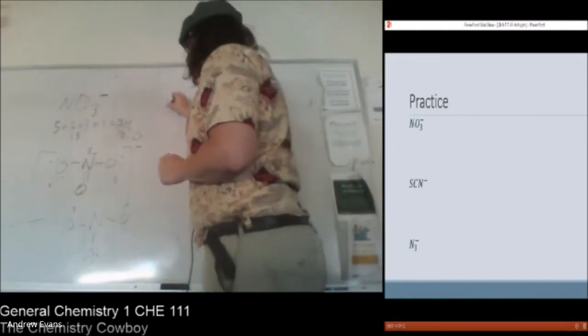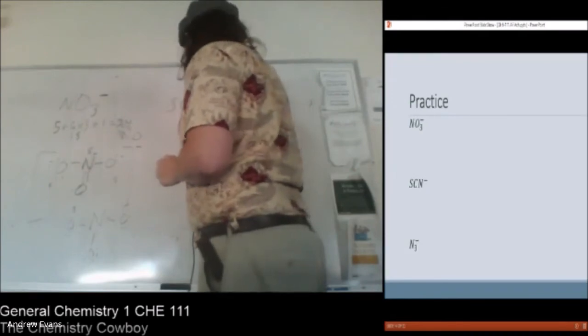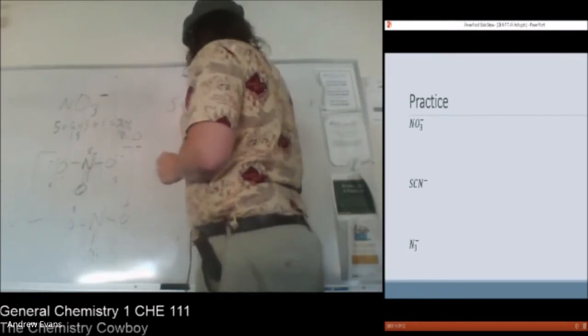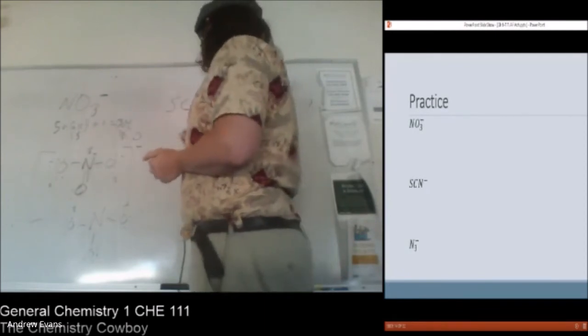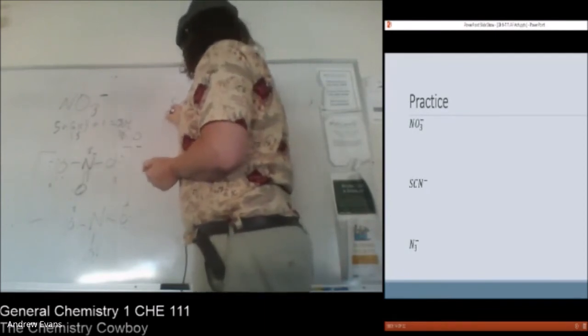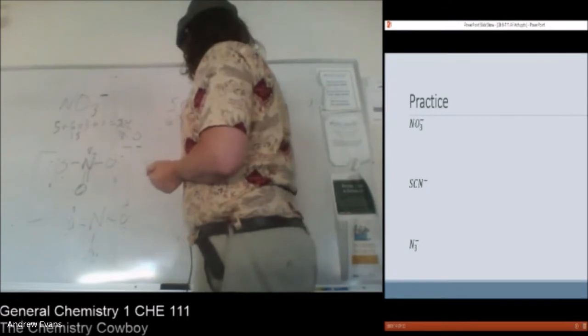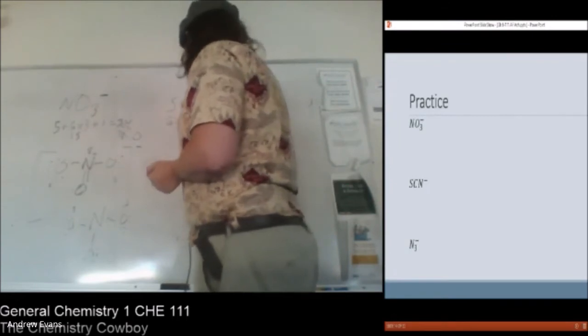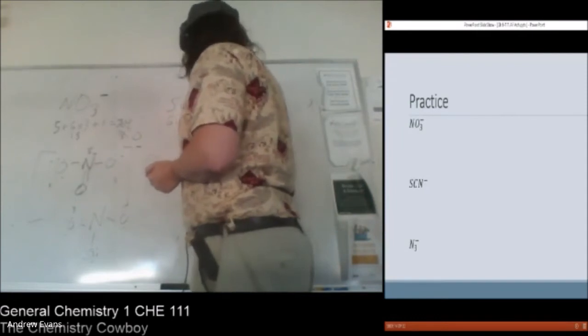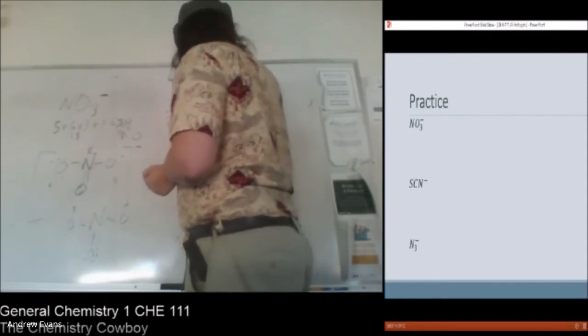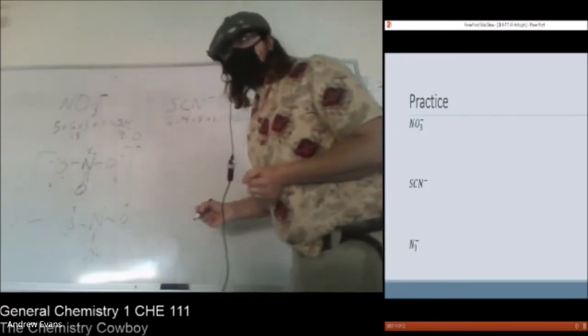Thiocyanate, S, C, N, 1-. We've done this one before, but now we have a little bit more to think about. Sulfur is 6. Carbon is 4. Nitrogen is 5. Plus 1. We have 16 electrons.